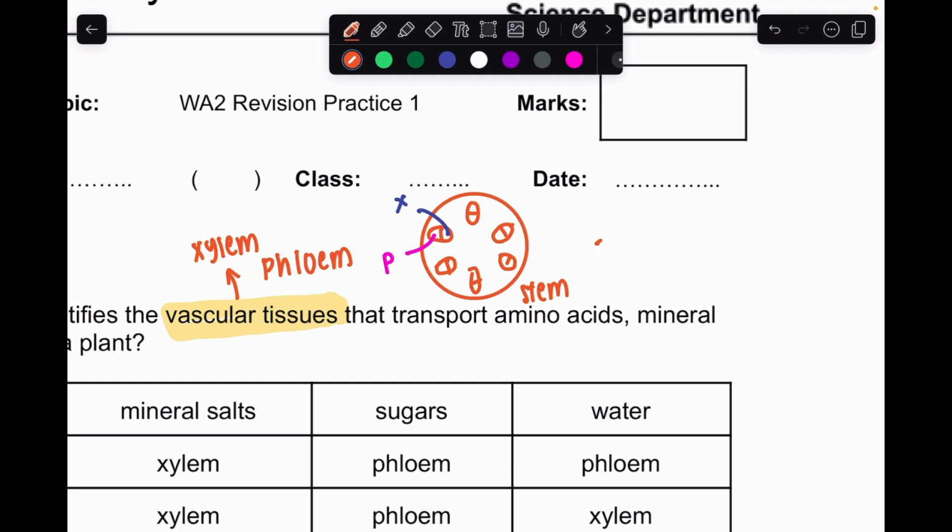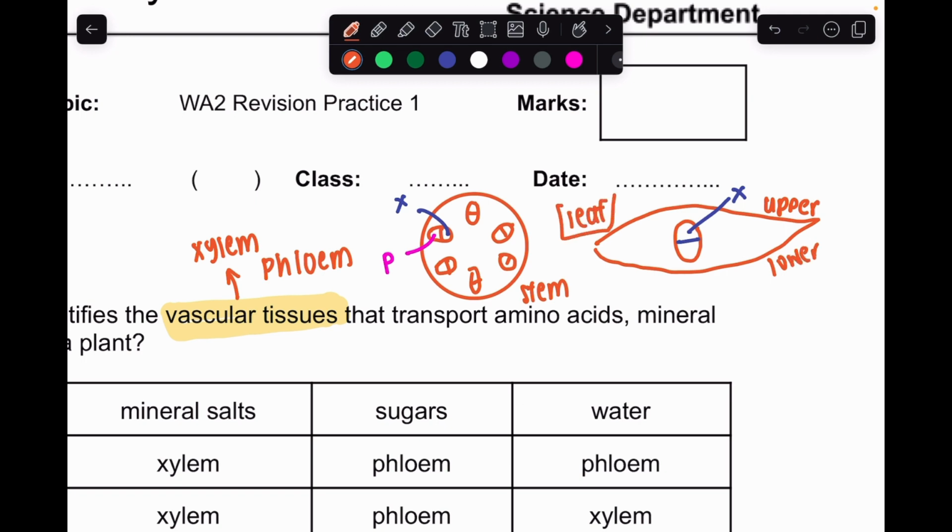In the leaf, usually the xylem and phloem will be bundled in the middle, and we will have the xylem on top, on the upper surface of the leaf, and then the phloem will usually be found at the bottom.